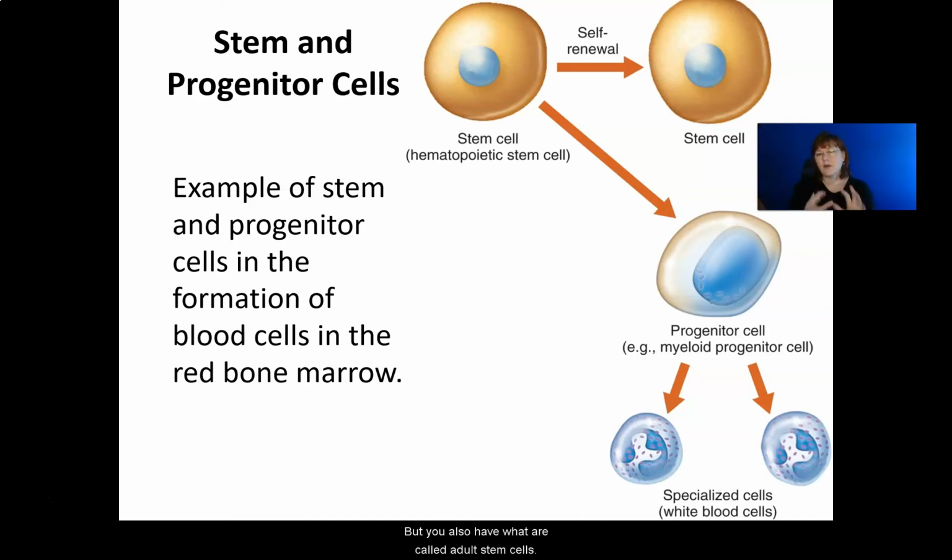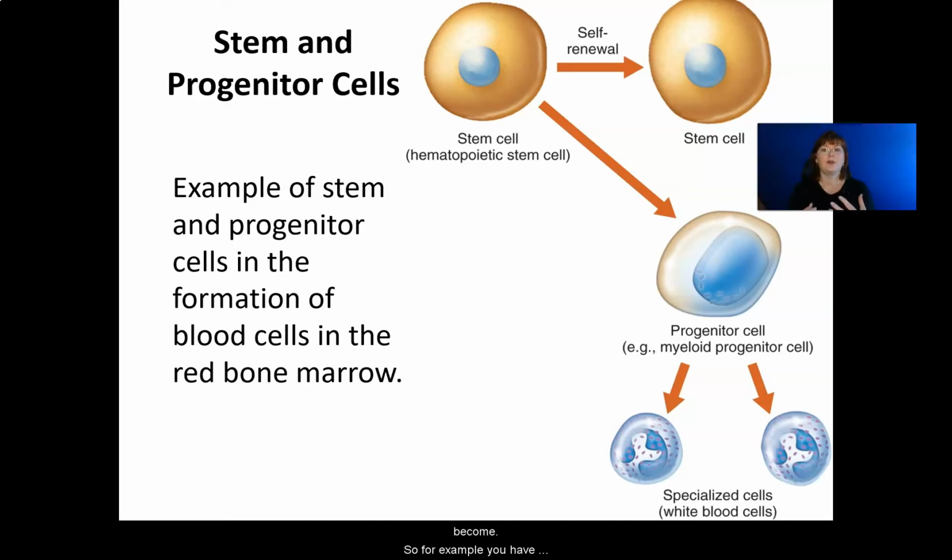But you also have what are called adult stem cells. Now, it doesn't mean you only have them as an adult, because once, like I said, that embryo implants in the uterine wall and starts to develop, any stem cells it has are actually adult stem cells at this point. They're more limited in what they can become.